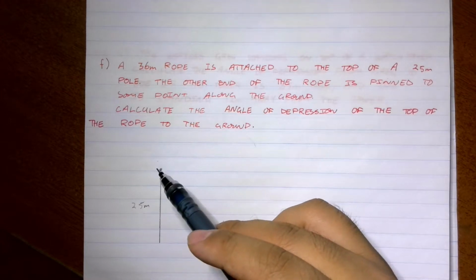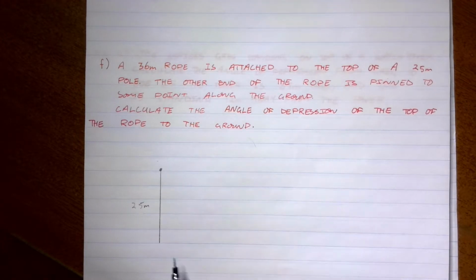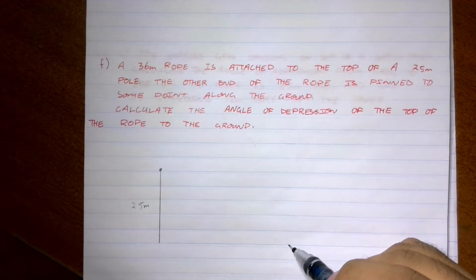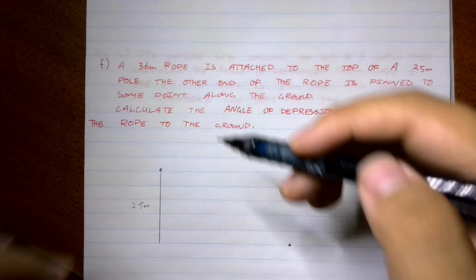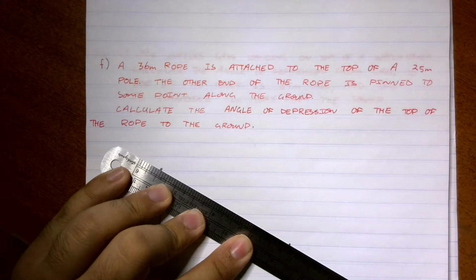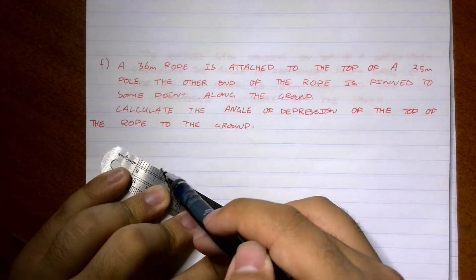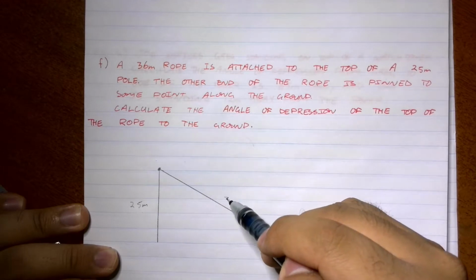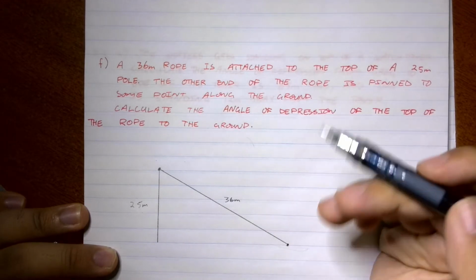So let's draw some point here. So the top of the rope is here. The other point is somewhere over here. And we know that that rope is 36 meters long.